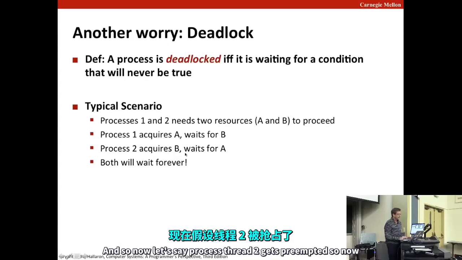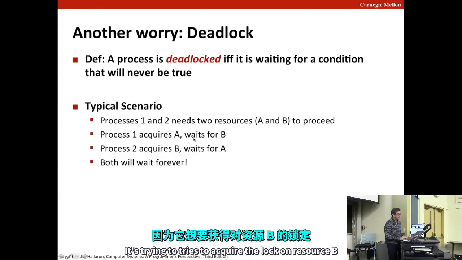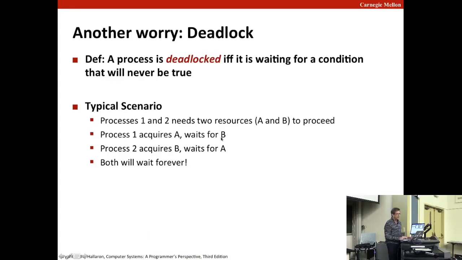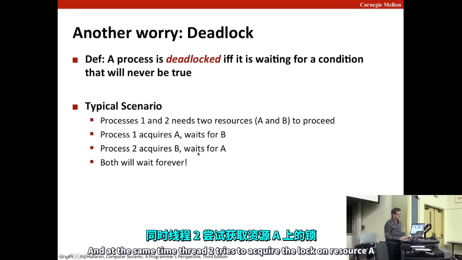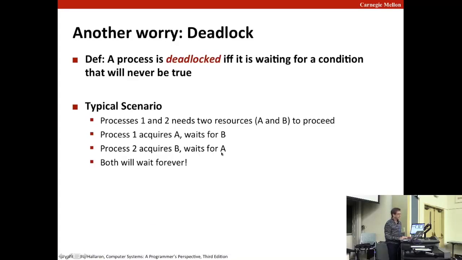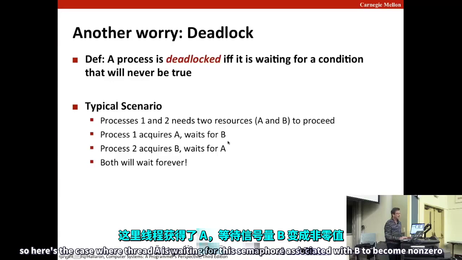And so now, let's say thread 2 gets preempted and thread 1 runs, and so now it's waiting. It tries to acquire the lock on resource B, but thread 2 holds that lock. And at the same time, thread 2 tries to acquire the lock on resource A, but thread 1 is holding that, right? So here's a case where thread 1 is waiting for the semaphore associated with B to become non-zero.